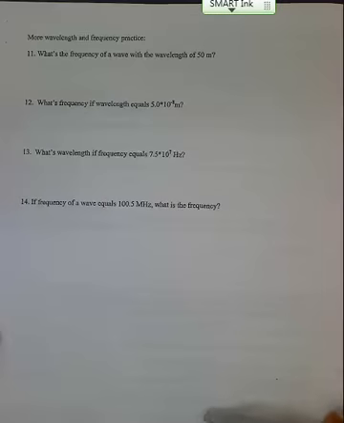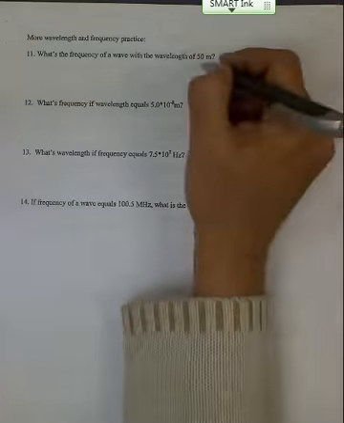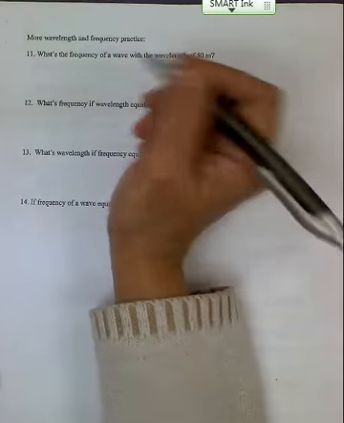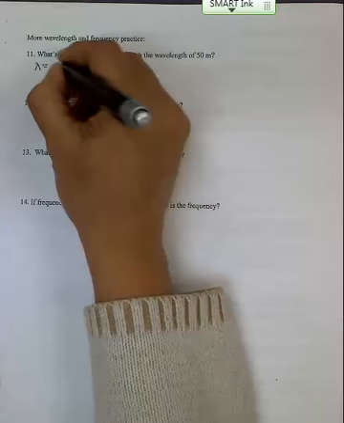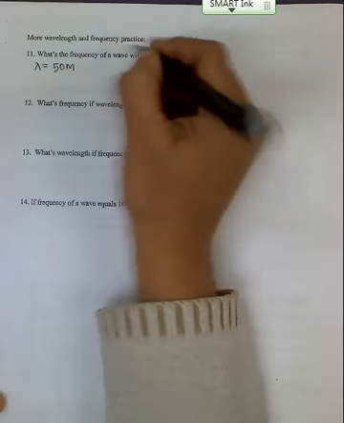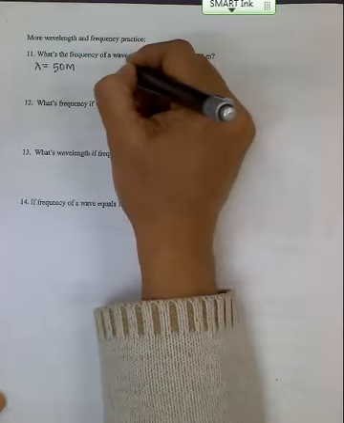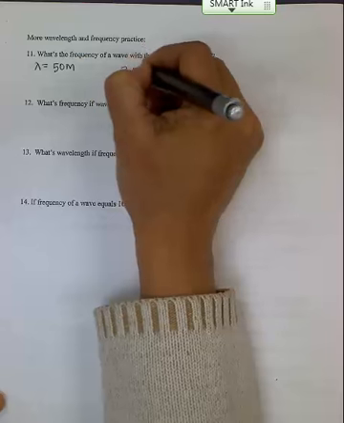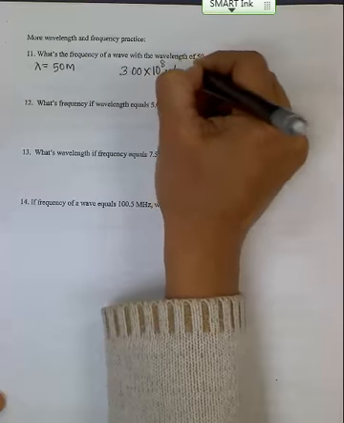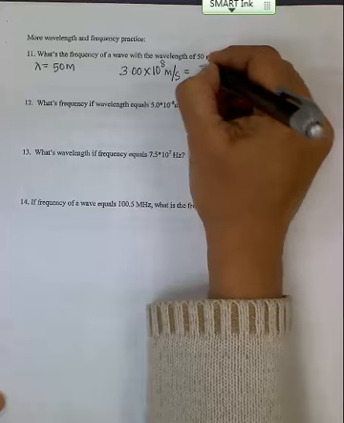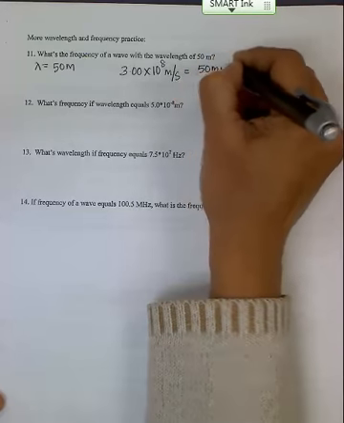On the next page, the wavelength is given. The wavelength lambda equals 50 meters. So I substitute in the equation c is equal to lambda nu: 3.00 times 10 to the 8 meters per second equals my wavelength, 50 meters, times my frequency.